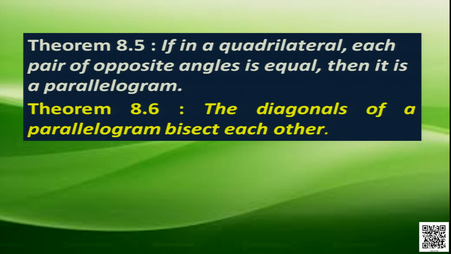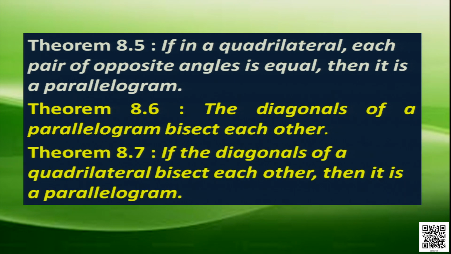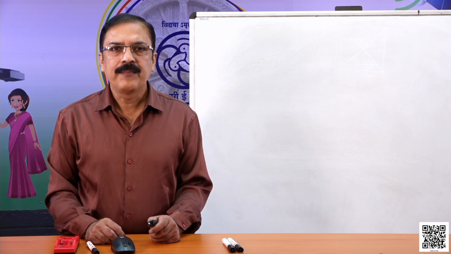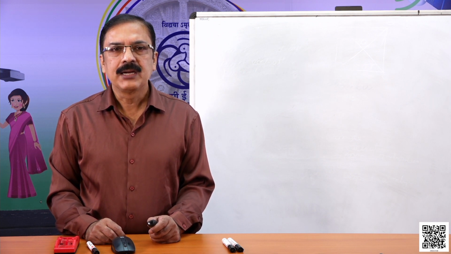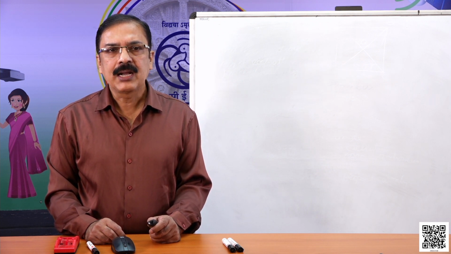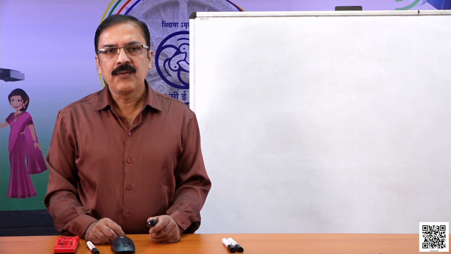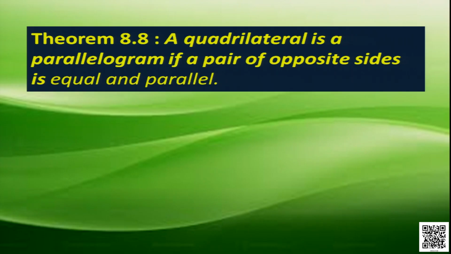We also discussed that the diagonals of a parallelogram bisect each other, and its converse is, if the diagonals of a quadrilateral bisect each other, then it is a parallelogram. Today we are going to discuss some other property of a parallelogram. What is that? A quadrilateral is a parallelogram if a pair of opposite sides is equal and parallel.